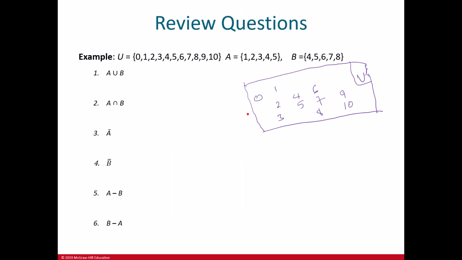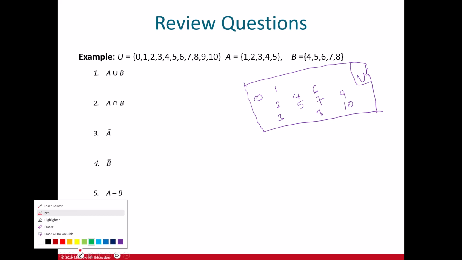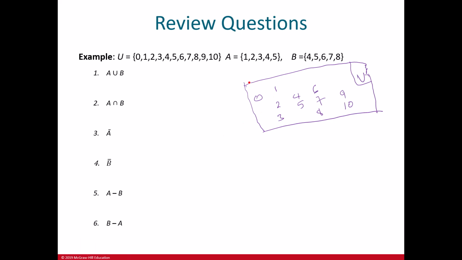Let's take some examples. So here we have the universe of this course, the set of natural numbers from 0 to 10. You see it here in front of you. This is the whole thing. And then we have other sets. We have A. A consists of 1, 2, 3, 4, 5.